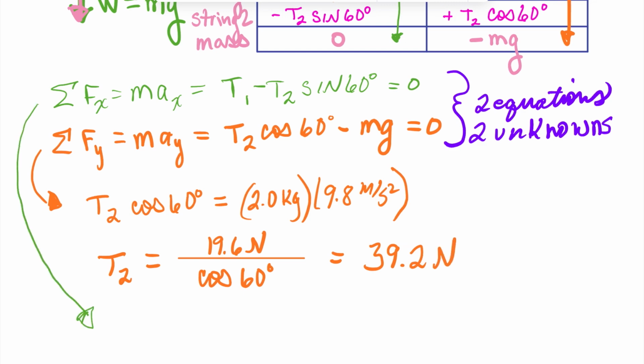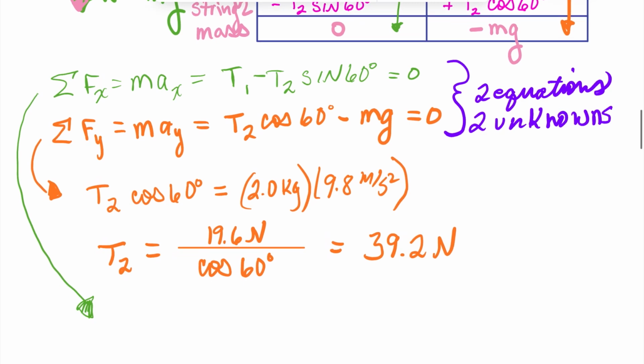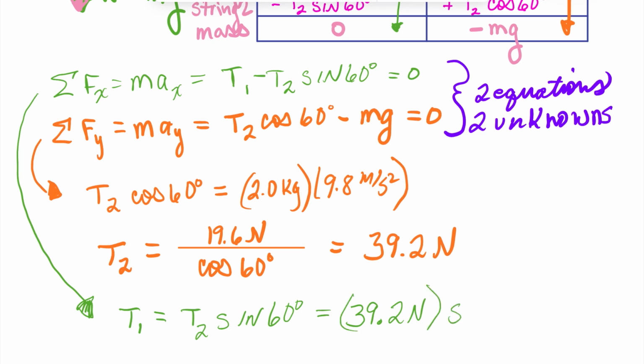Next, I will grab my x component Newton's second law equation, and I'm going to solve it for T1 using the value that I just obtained for T2.